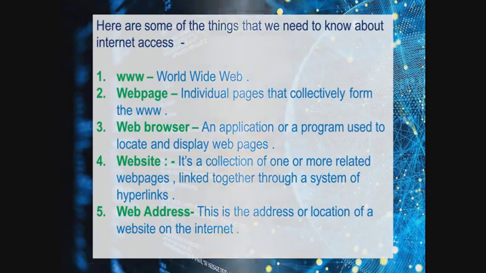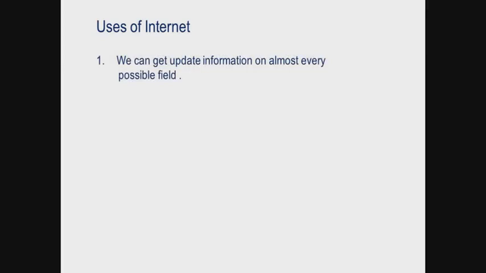Now let's see the next. Uses of the internet. What are the uses of the internet? Let's see. We can get updated information on almost every possible field. You can say the internet is an ocean of information.